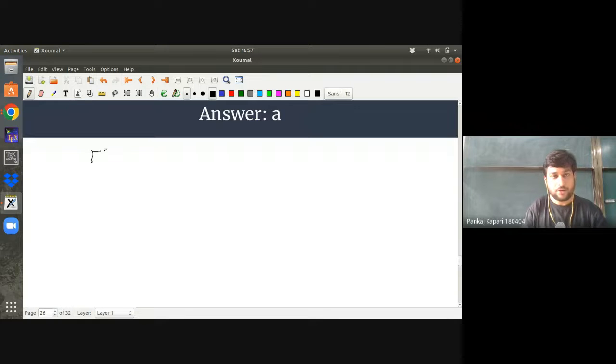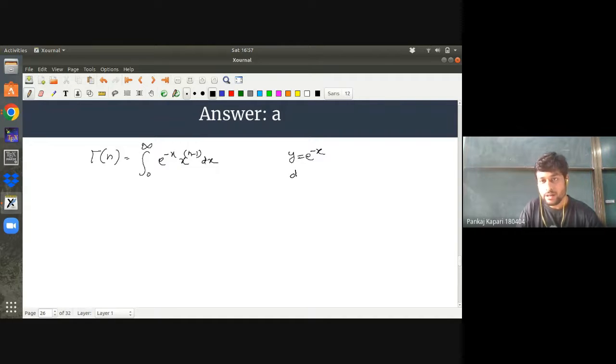So what is gamma of n? It is the integral from 0 to infinity of e to the power minus x times x to the power n minus 1 dx, and we have to take y equal to e to the power minus x. So if we put y equal to e to the power minus x, what will we get? dy is equal to minus e to the power minus x dx, right?